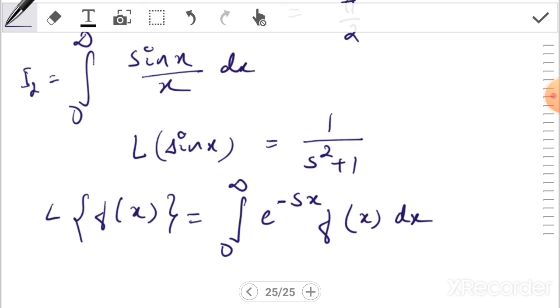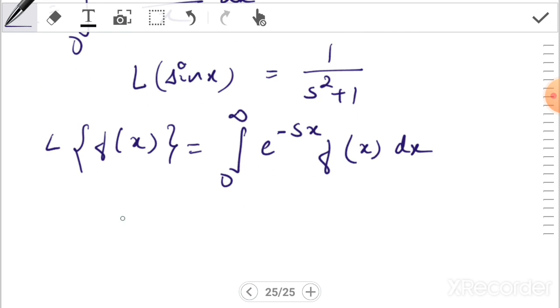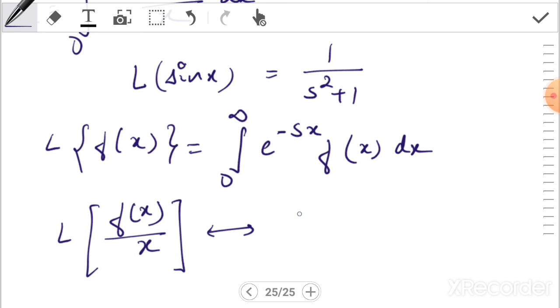And since frequency integration, Laplace transform of f of x by x is equal to integral of F of s ds.